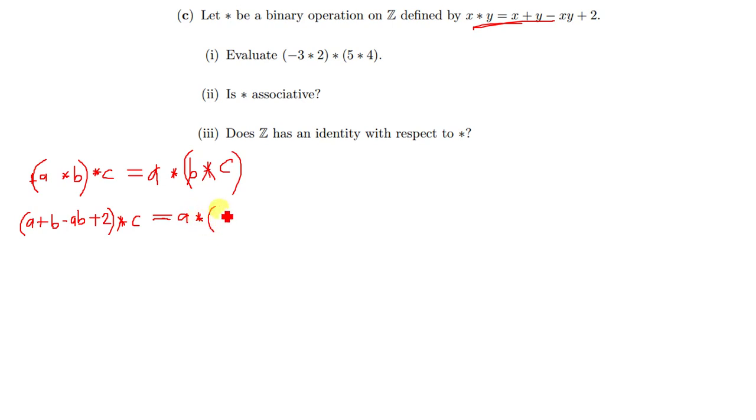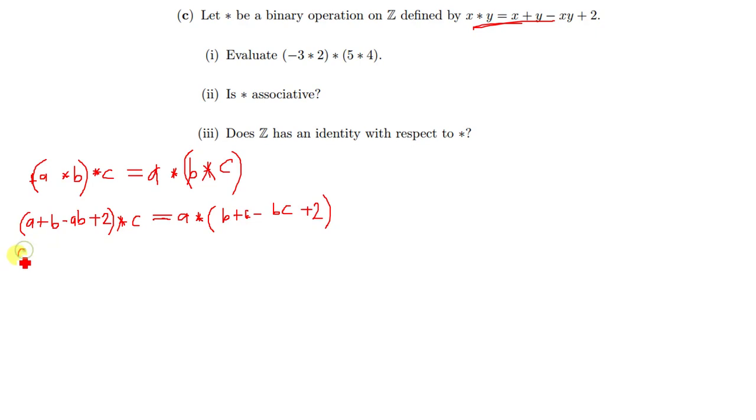Then B star C is going to be B plus C minus BC plus 2. So here what we're going to do now is, where there is A, we're going to put this, and where there is B, we'll be putting C. So start first by writing A.